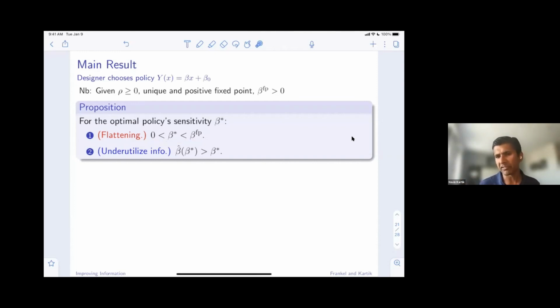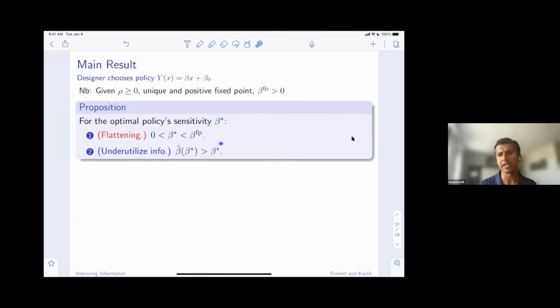And this is the sense in which we mean the optimal policy flattens the fixed point. It makes the allocation less sensitive to the agent's data than the fixed point does. And then I also said that our other result was about underutilization of information, and that's made precise by the second part of the proposition, which says that, given how the agent responds to the optimal policy beta star, what the designer would want to do ex post is to actually use a higher beta, right?